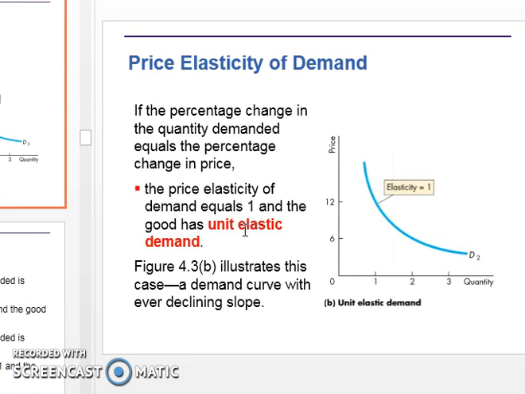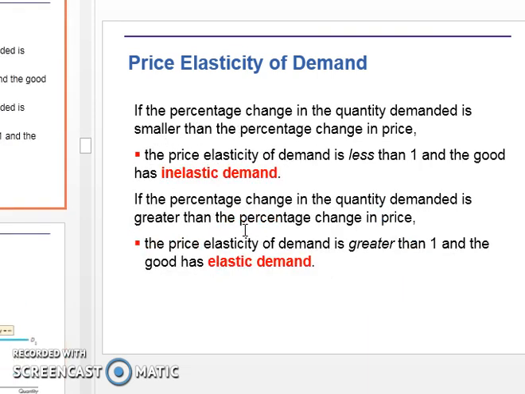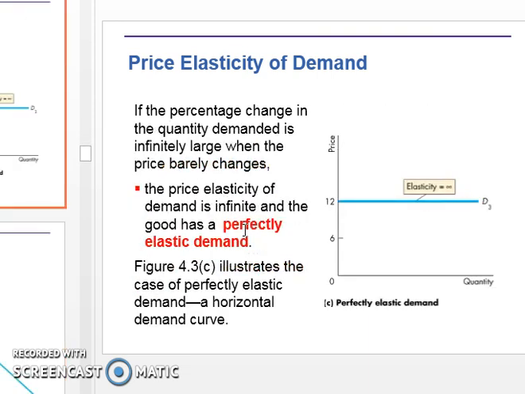Now before the unit elastic case, we need to understand perfectly elastic demand. What does it mean? Whatever the quantity demanded, the price would never change, and sometimes it is said the price elasticity of demand is infinite, and it has a perfectly elastic demand.